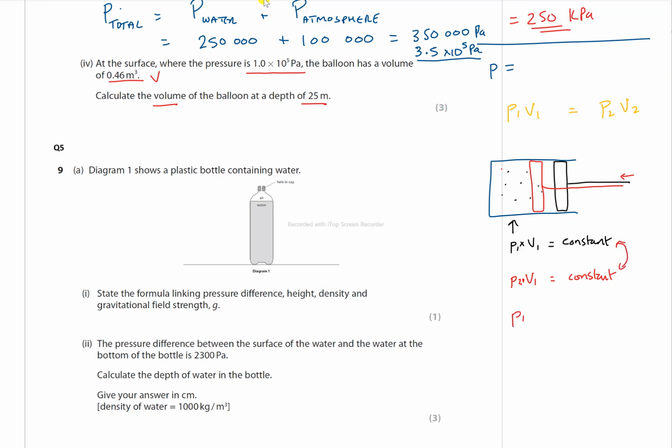So what they say is the pressure 1 times volume 1 equals pressure 2 times volume 2. So the pressure and volume initially is equal to the pressure and volume after. Right, so this is what they're trying to tell us here. So we're trying to say P1 V1 equals P2 V2.